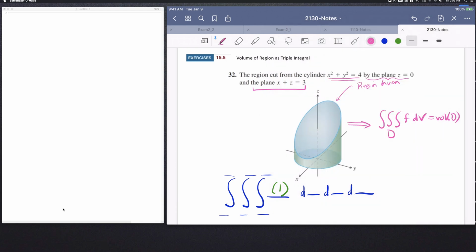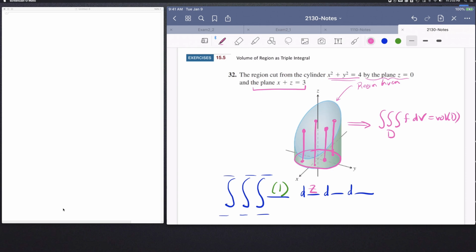Typically, starting with dz is the obvious first place to start, because we're trying to go from the bottom surface up to the top surface. So we want to choose any value of x and y in this little circular region, and read that up to the surface.